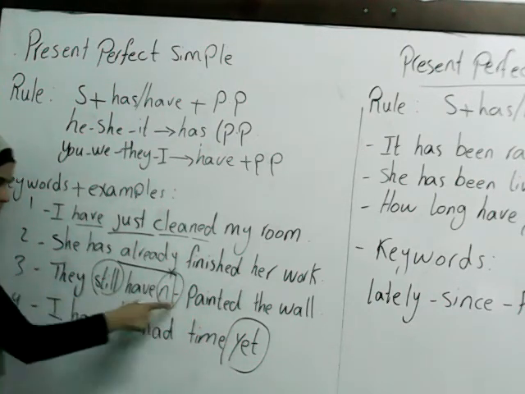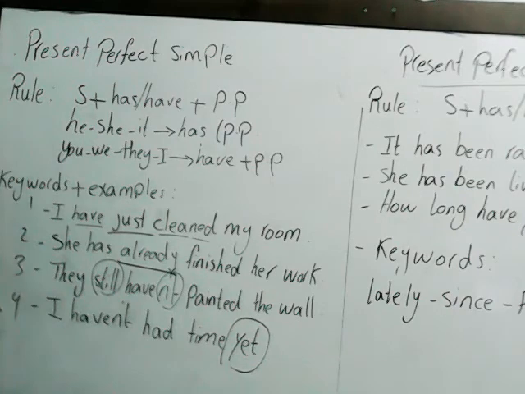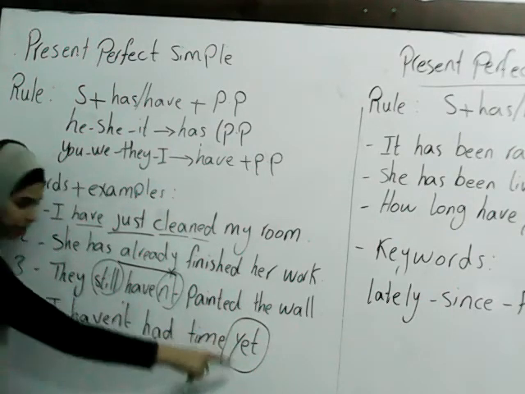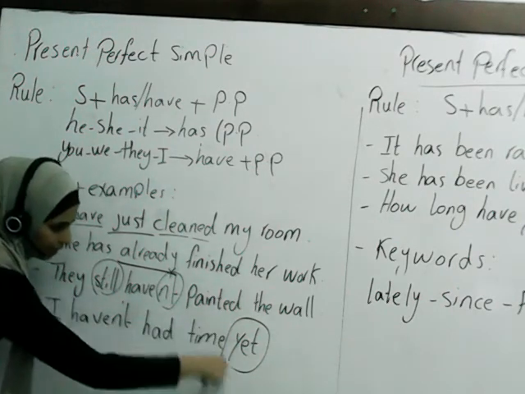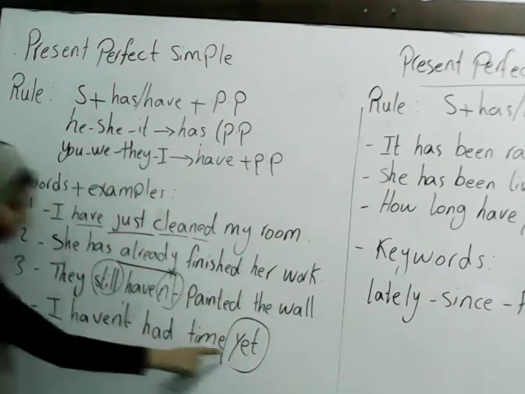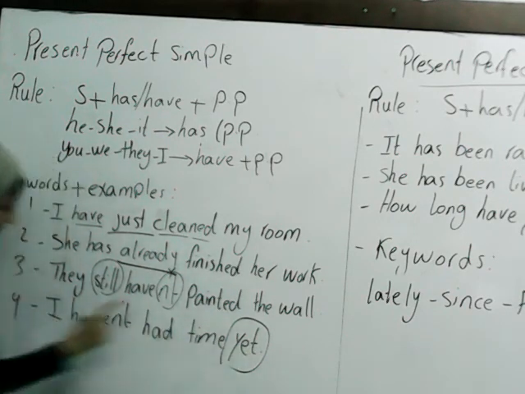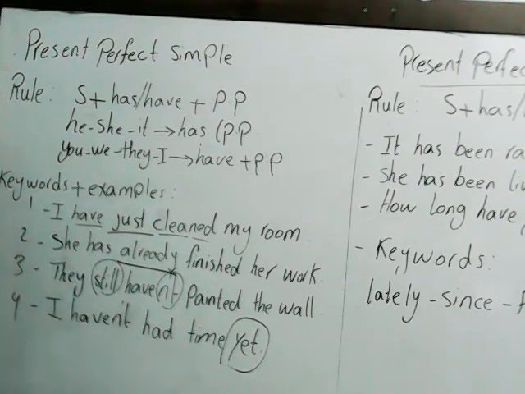So still not is one type, and the second type to make a negative sentence is yet. Yet should be added at the end of the sentence, and not. We know that we cannot add not in any grammar rule without using an auxiliary verb.